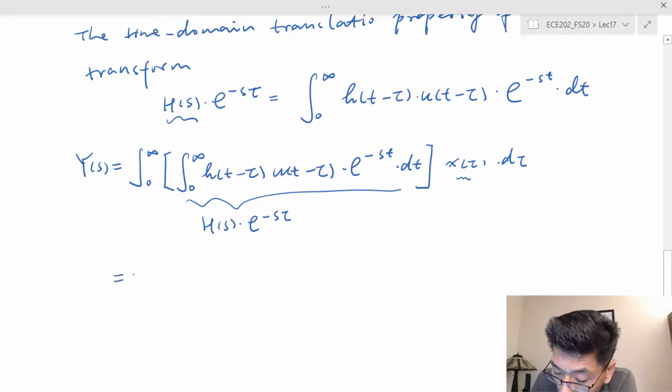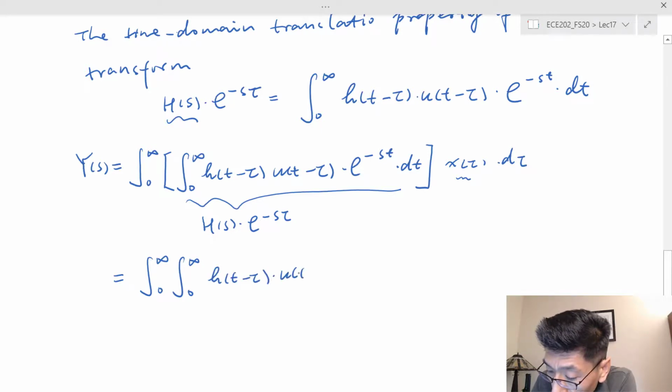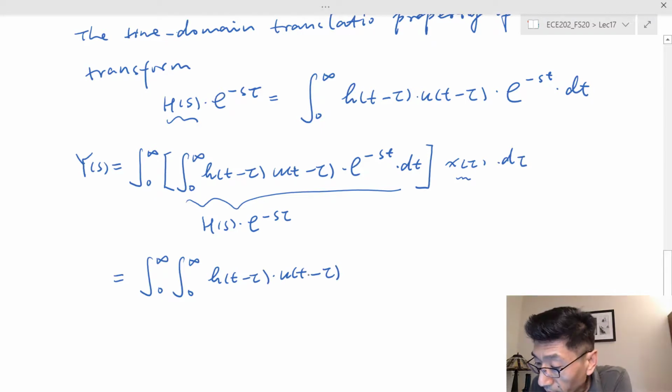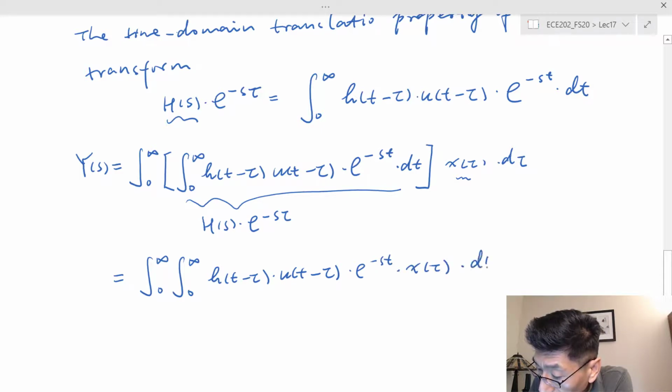So this is equal to the integral from 0 to infinity, and the inner one from 0 to infinity, of h(t − τ) u(t − τ) e^(−st) x(τ), integrated with respect to dt and with respect to dτ.